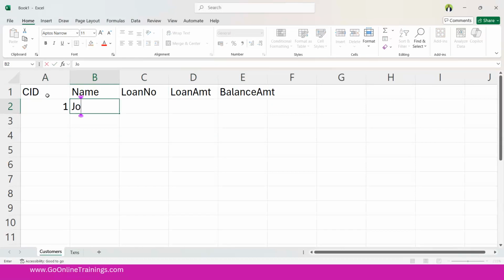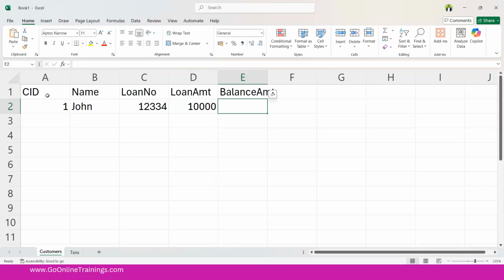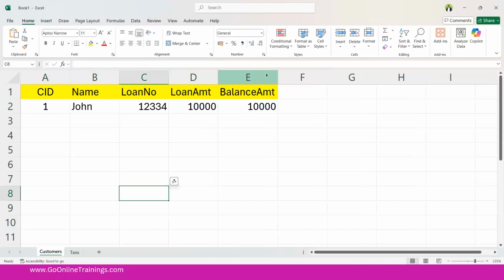Customer number one, let us say John, has taken loan number 1233, let us say 10,000 rupees. As of now, the balance is 10,000 rupees. In the transactional table, I'm going to be writing the transactions. Clear? So I take this data.